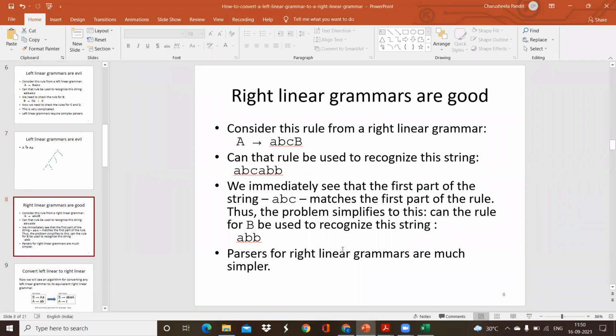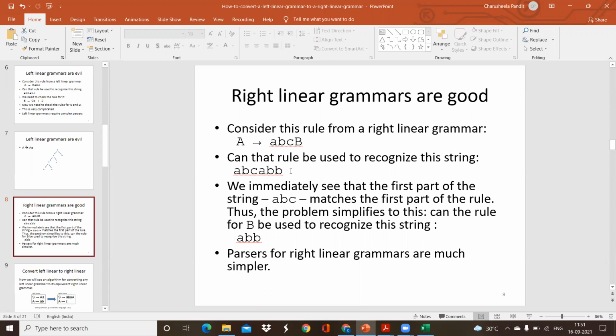In case of right linear grammar, as you know, the non-terminal appears as the last symbol. So if ABC is the string, you can very easily identify whether this particular production rule can be used to get the desired input string, or you have to try some other production rule.